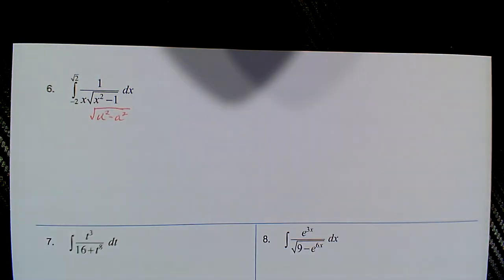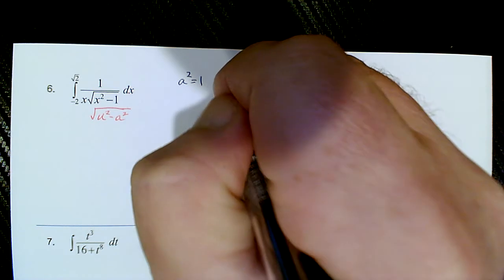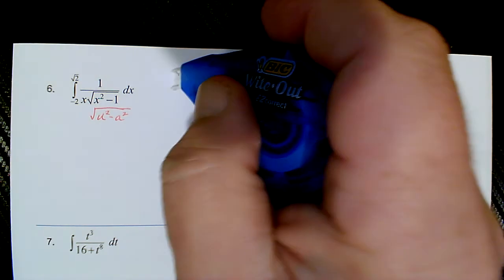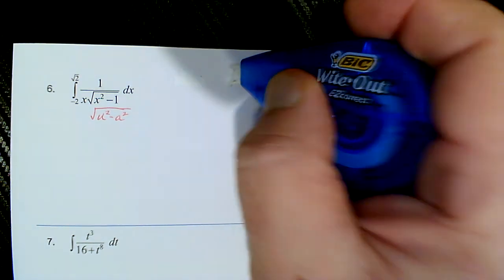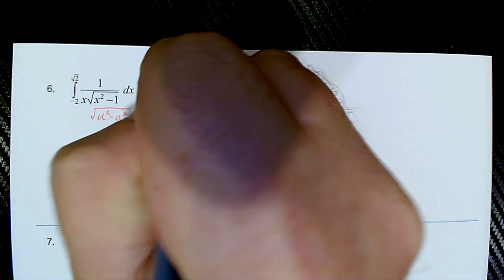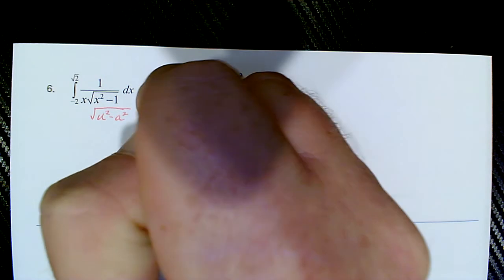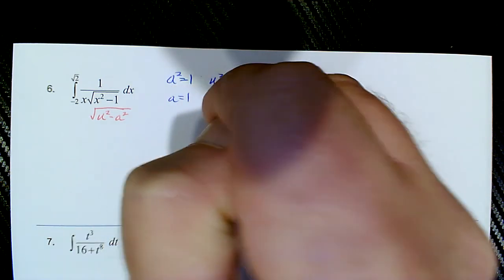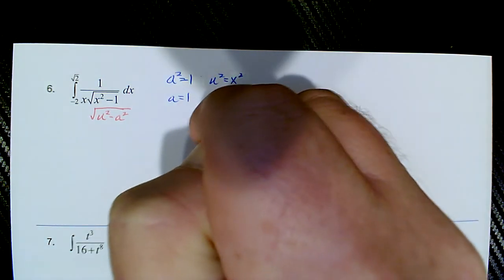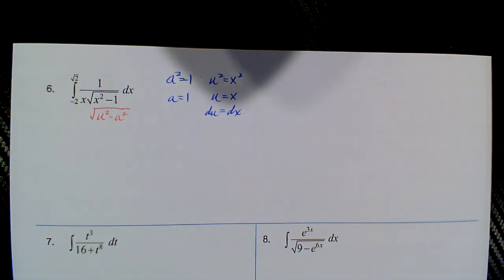But here it's kind of silly to choose u and a, because a squared is 1 and u squared is x squared. If a squared is 1 and u squared is x squared, then a is 1, u is x, du would simply be 1 dx or dx, and there's no modification by a constant multiple necessary.